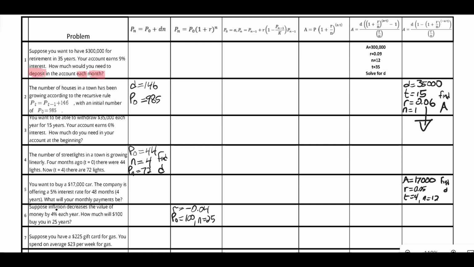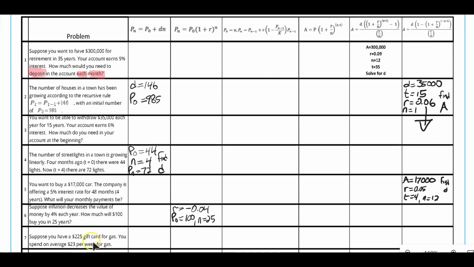Next question. Suppose you have a $225 gift card for gas. You spend on average $23 per week for gas. Okay, so this gift card balance is going to decrease every time, but it's going to decrease the same amount every time.